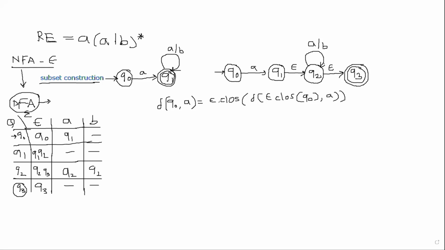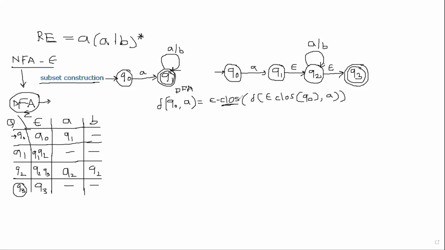So this transition is from DFA. If I want to find out a transition in the DFA, what do I have to do? Epsilon closure. What is epsilon closure? The states which are reachable, the states which are close with epsilon as an input.